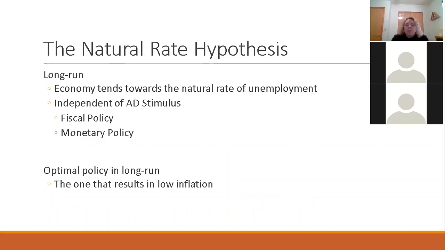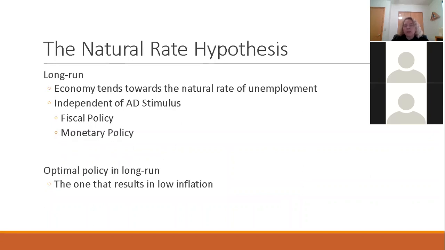This natural rate hypothesis says that even if we don't have fiscal and monetary policy, aggregate demand stimulus, the economy would still trend back towards the natural rate of unemployment.